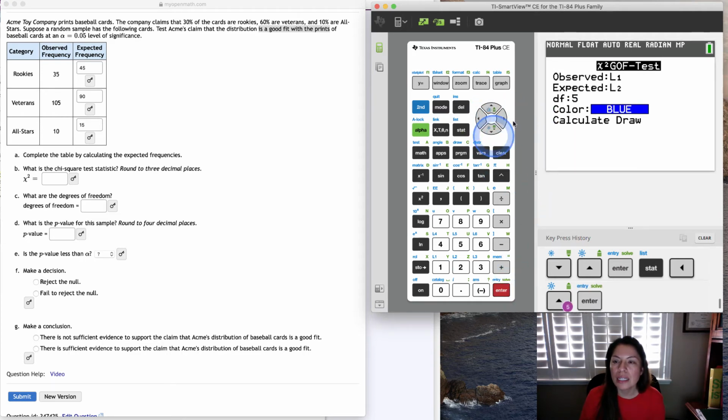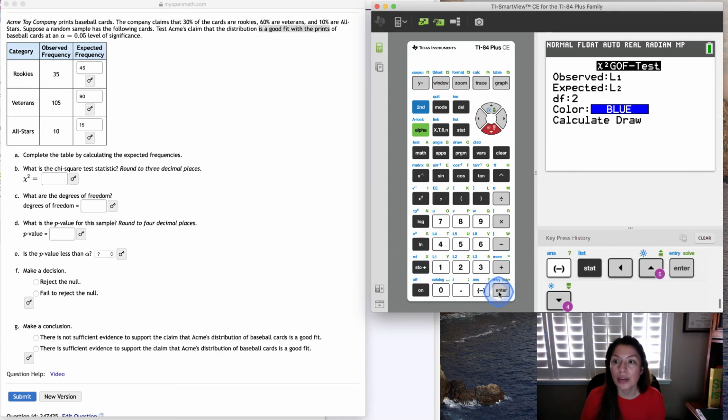When you select D, it defaults to list 1 being observed, which we did, and then expected is list 2. Our degrees of freedom with the goodness of fit test is the number of categories minus 1. Notice I have 1, 2, 3 categories of baseball cards. So if I have 3 categories of baseball cards, that means that I would have 2 degrees of freedom.